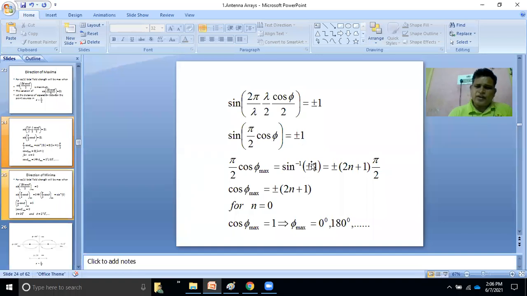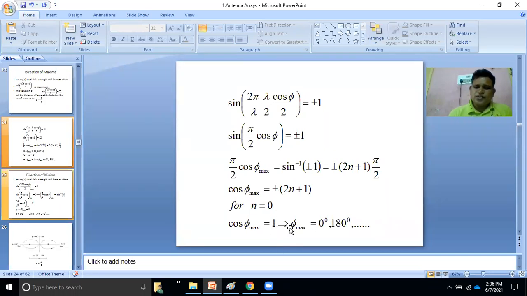The sine becomes 1 when the angle is π/2, 3π/2, 5π/2. Therefore, suppose (π/2) cos φ is equal to (2n+1)π/2. The π/2 terms get cancelled, so cos φ is equal to plus or minus (2n+1). If you take n equal to 0, cos φ is equal to plus or minus 1.